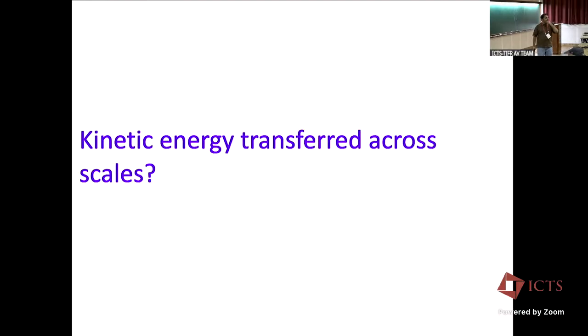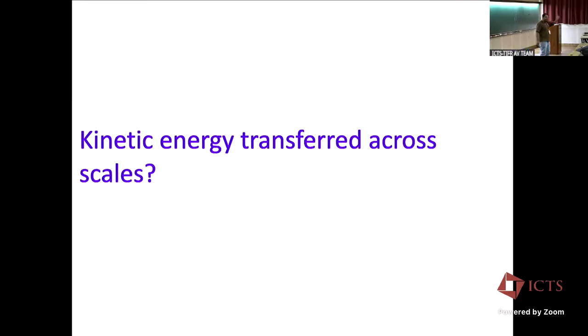If you think of the standard homogeneous isotropic turbulence, the way you think about it is that you inject energy at large scales. Then you have the U dot grad U nonlinearity, which transfers energy through intermediate scales, maintaining a constant energy flux. And then at smaller scales, it gets dissipated, right?